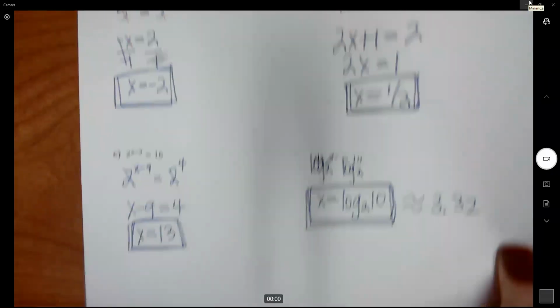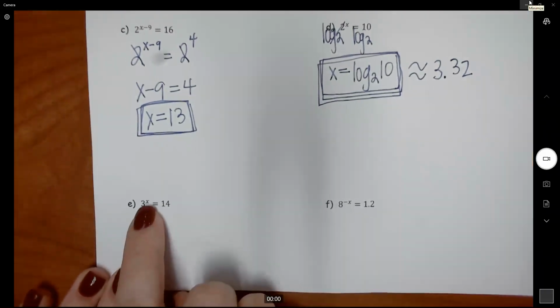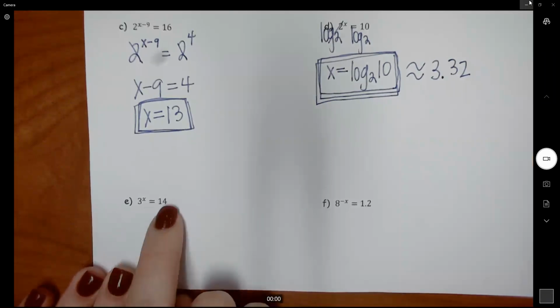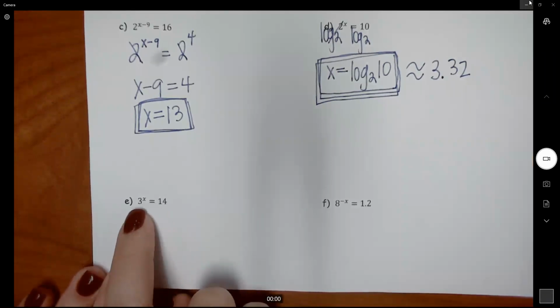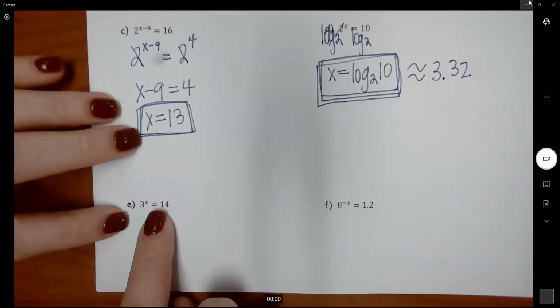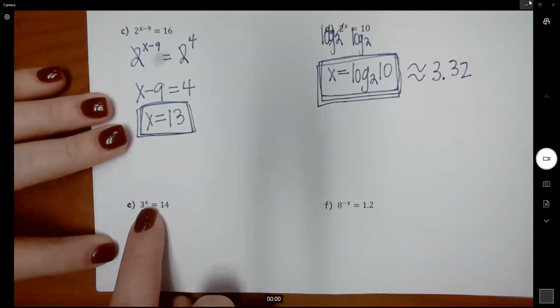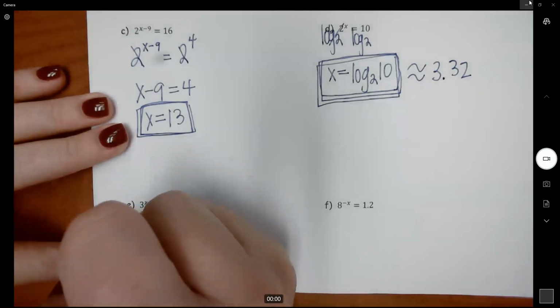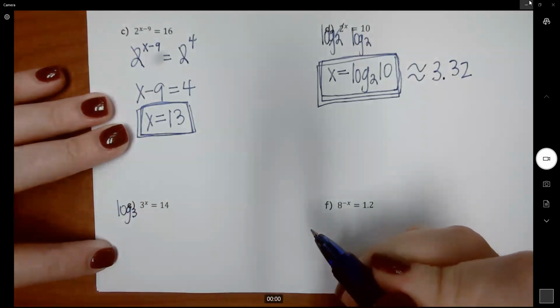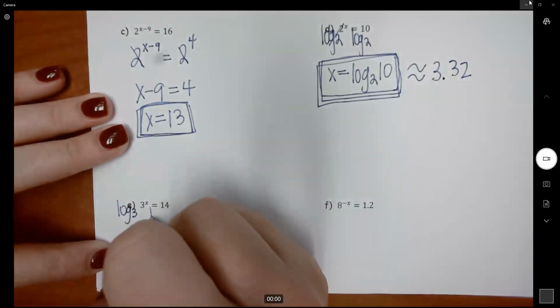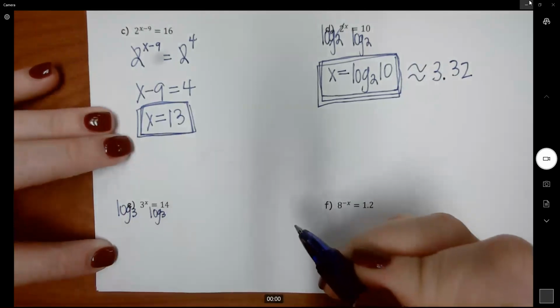Okay, so continuing on here, we have 3 to the x power equals 14. I can't get 14 to have a base of 3. So I need to get rid of this exponential. So the opposite of having an exponential with a base of 3 is taking both sides of a log base 3. So I'm going to do that to both sides here.